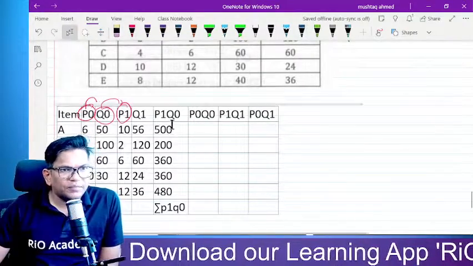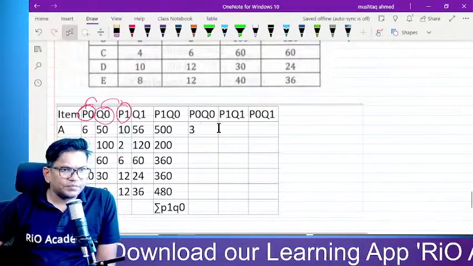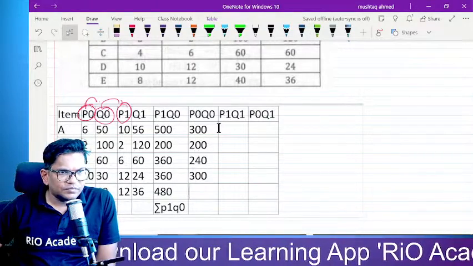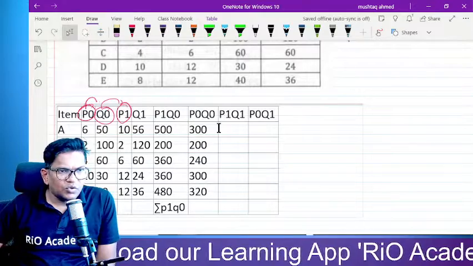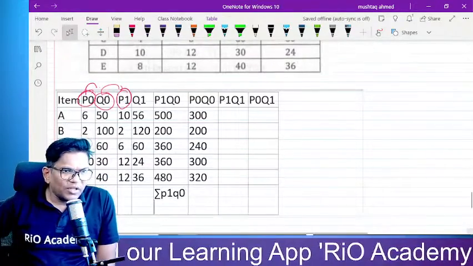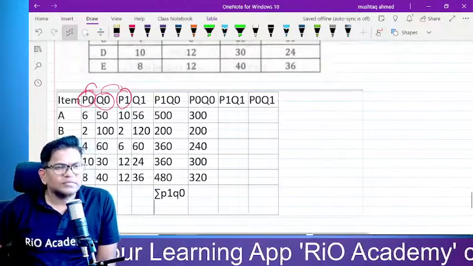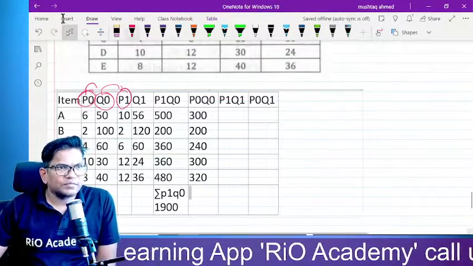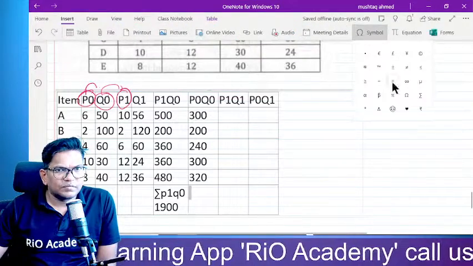P0 to Q0. 200, 240, 300, 320. Total 1360. What about this one? That's 1900. Okay, 1360.